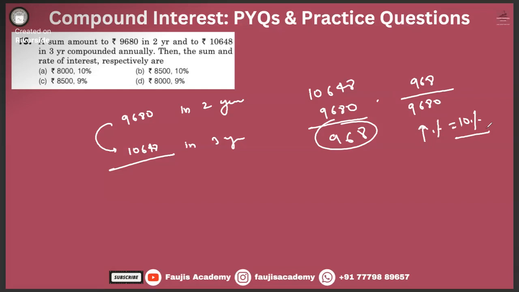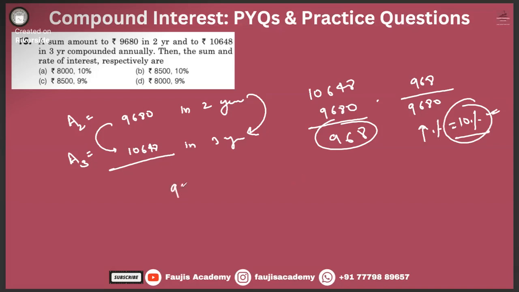The increase that happens between the second year and third year is just the simple interest, right? This is the amount after second year, and this is the amount after third year. So the increase between second and third year is just simple interest, and that 10% is the basic effective rate of interest.